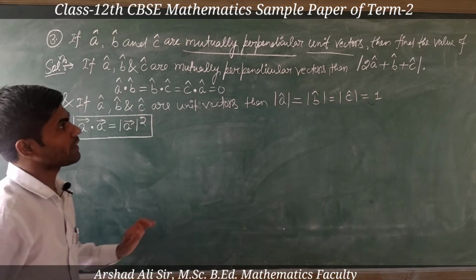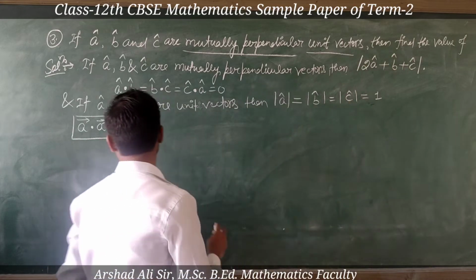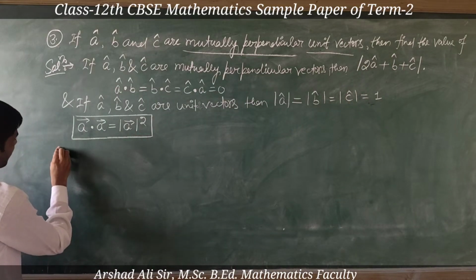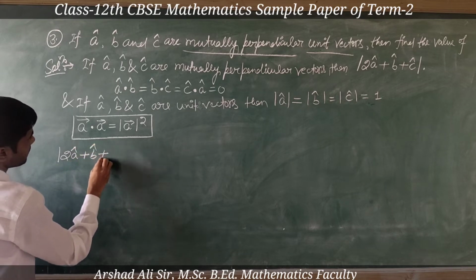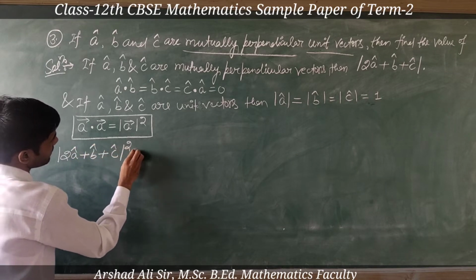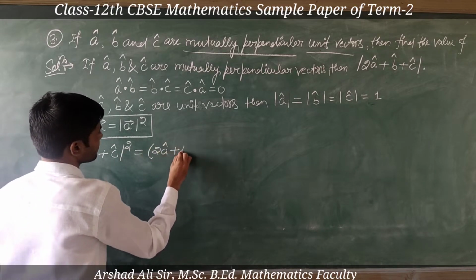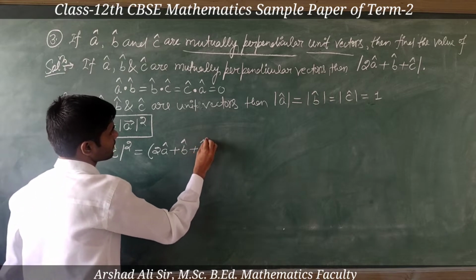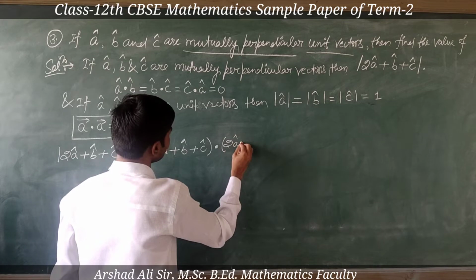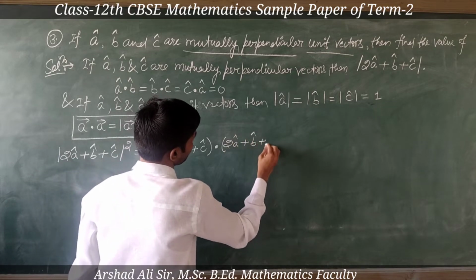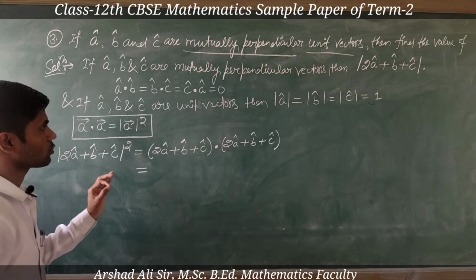So here we have to find the magnitude of 2a cap + b cap + c cap. So can we write the square of 2a cap + b cap + c cap is equal to 2a cap + b cap + c cap dot with the same vector 2a cap + b cap + c cap. Okay, so now we can find the dot product.